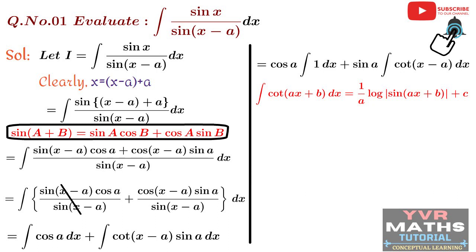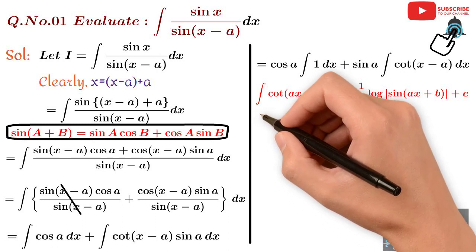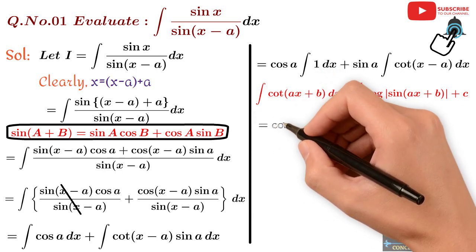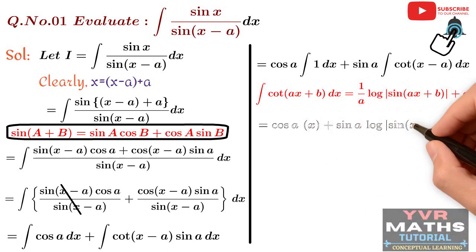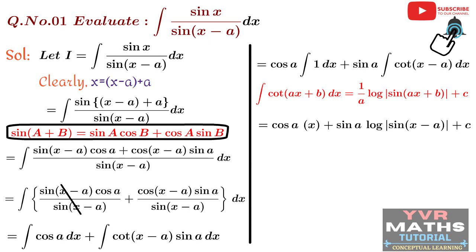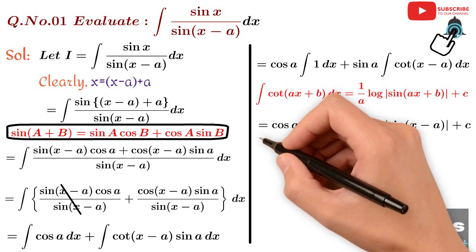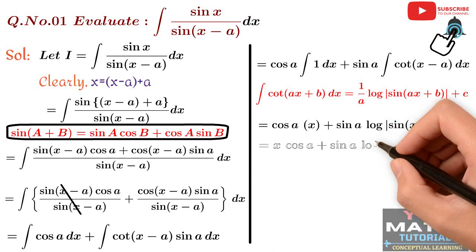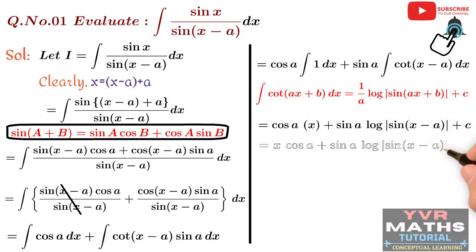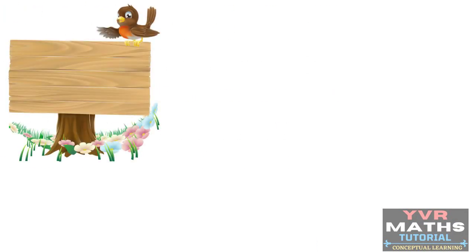If we apply this formula here, then the next step is cos a into x plus sin a into log modulus of sin of x minus a plus c. So the final step is x cos a plus sin a into log modulus of sin of x minus a plus c. So this is the final answer for the given integral. I hope you understand this problem.